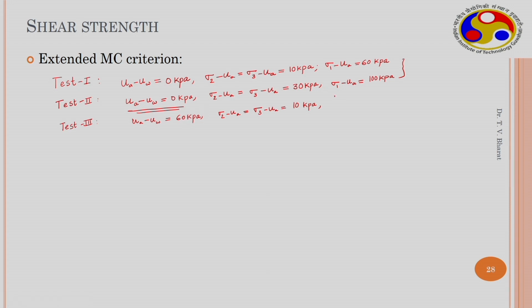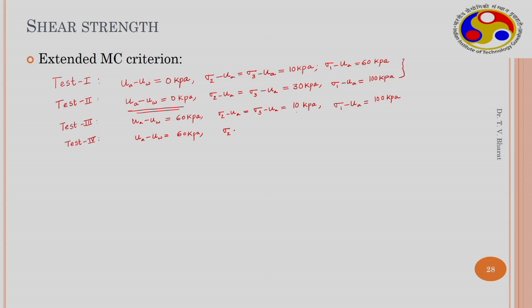The test is conducted at unsaturated state. Obviously we expect that when the suction is increased, even though the all round pressure is the same, it will fail at a higher load. So this would fail at 100 kilopascal.